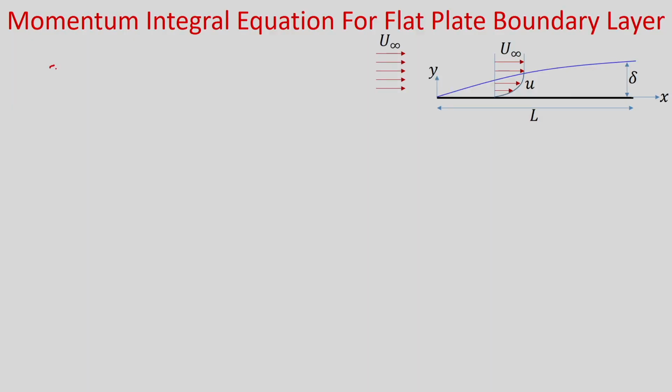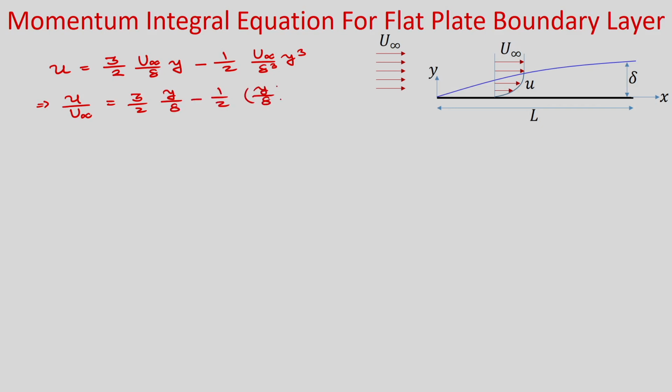So, you can see we have u is equal to 3 by 2 u infinity by delta y minus half u infinity by delta cube y cube. So, we can write u by u infinity as 3 by 2 y by delta minus half y by delta cube, where delta is function of x.